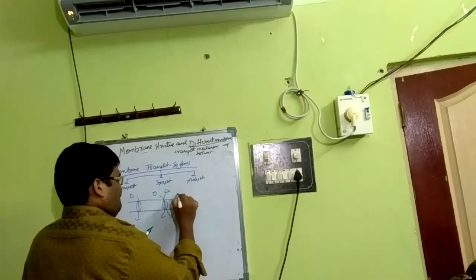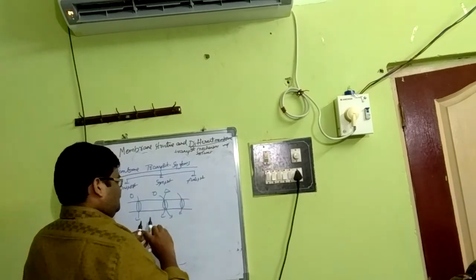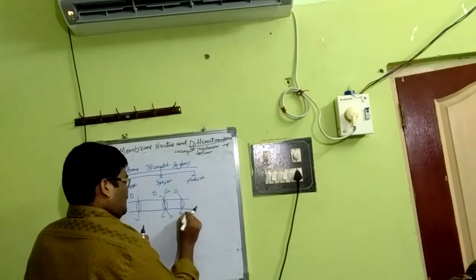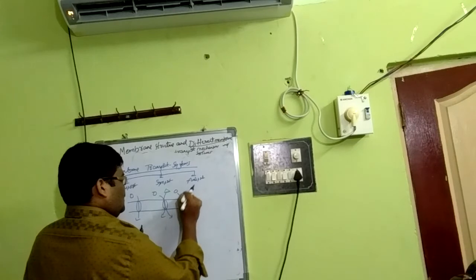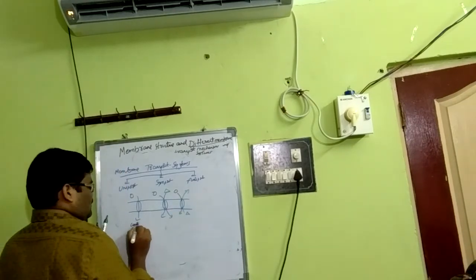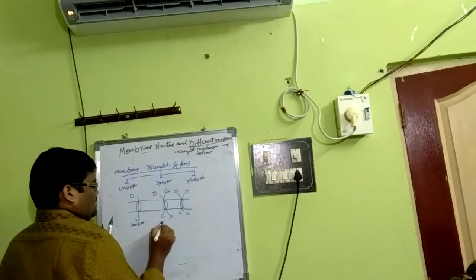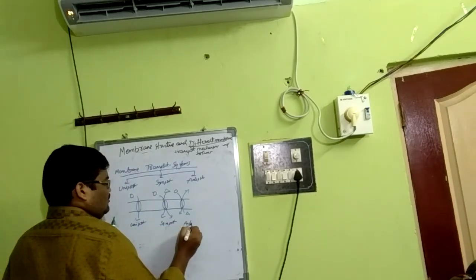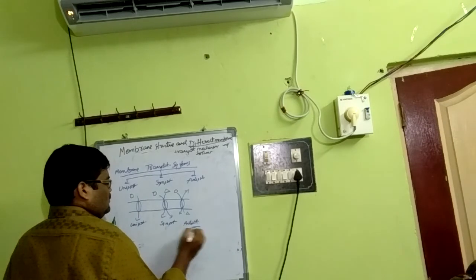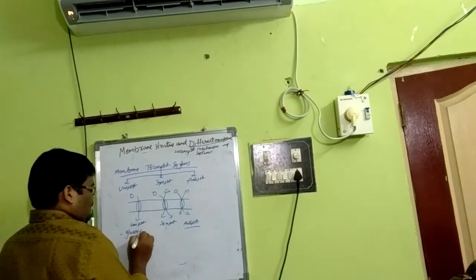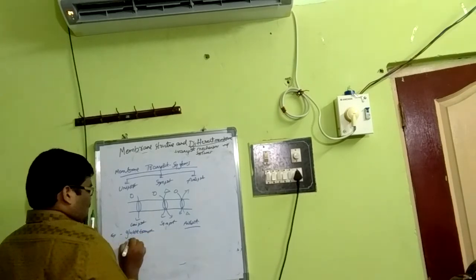Antiport is one in one direction, and the other in the opposite direction. This is uniport, this is symport, and this is antiport. Say, glucose transport examples, in erythrocytes.